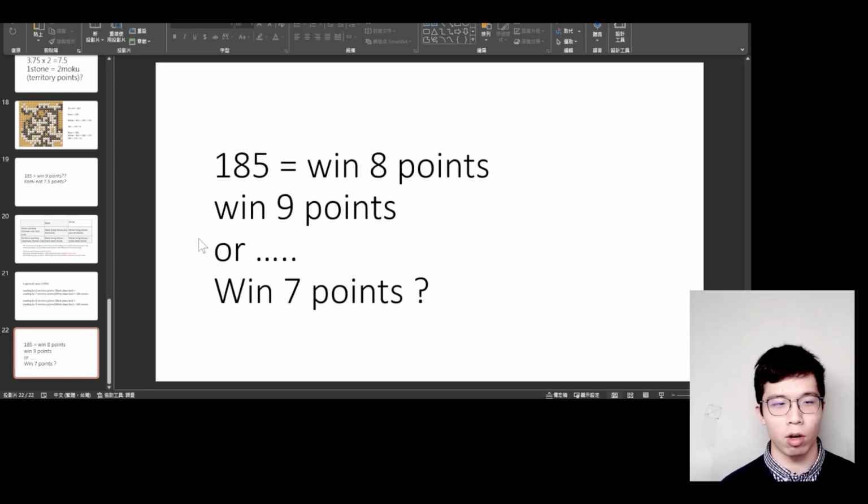I found some articles explaining this, but I didn't find the exact term, so I will translate it as the 打咩 call fight, which means black forced white to pass one move to finish a half-point call, which results in black having one more living stone on the board. I will explain it in the next video, so I will finish the video here.